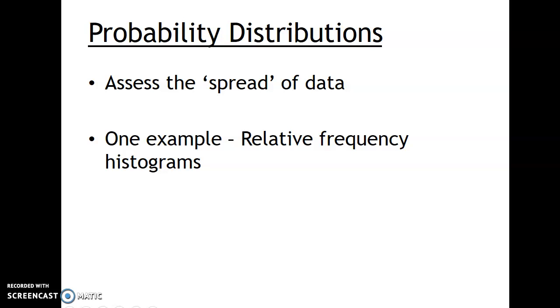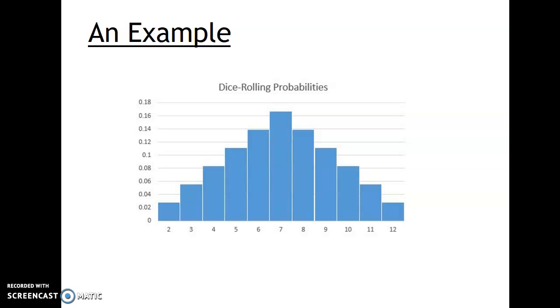So if you take those histograms that we did back at the beginning of the chapter and scale them so that instead of measuring total frequency, they're measuring relative frequency, that kind of gives you a way to measure exactly how spread out your data set happens to be. So for instance, I've got one here that I generated inside Microsoft Excel for the total of rolling a pair of six-sided dice.